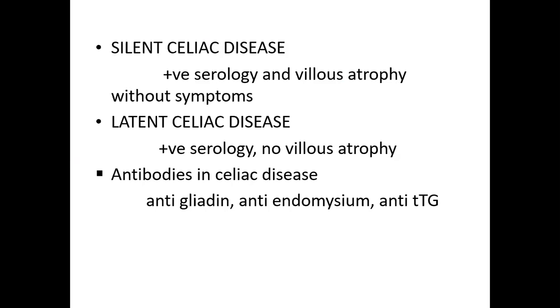There are no symptoms, but the patient is positive for antibodies, that is anti-tissue transglutaminase, anti-gliadin antibody, and anti-endomysial antibodies. And there is villus atrophy, but no symptoms. That is silent celiac disease. Then there is latent celiac disease. In this, there is positive serology, but no villus atrophy.